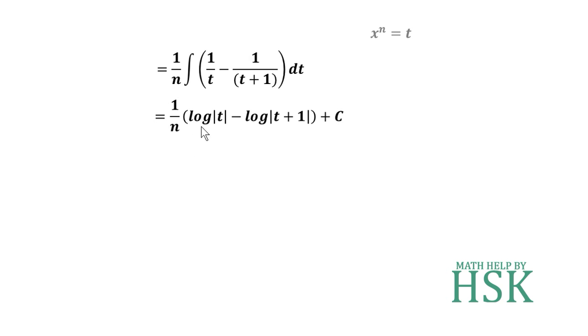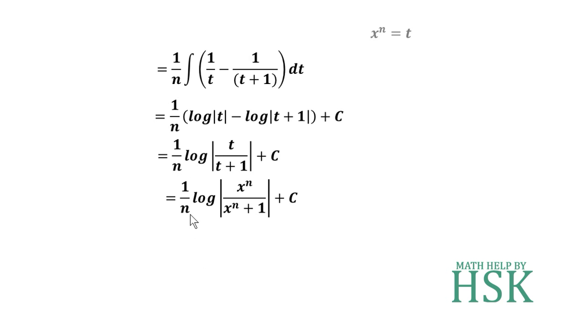Applying the property of logarithms, that is log of m minus log of n is equal to log of m upon n, I can write this as 1 upon n times log of t upon t plus 1 plus c. On replacing t with x to the power of n, we obtain the final answer as 1 upon n times log of x to the power of n upon x to the power of n plus 1 plus c, which is our required answer.